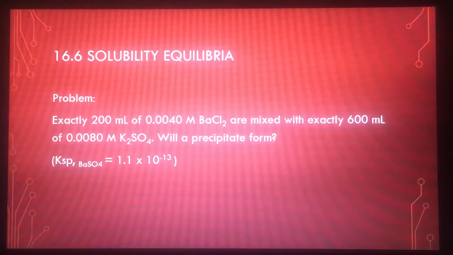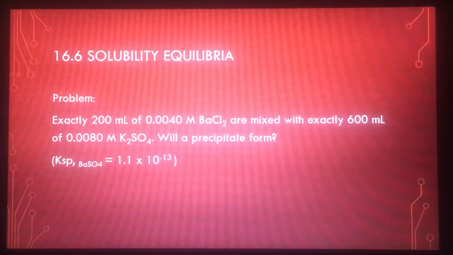By using the molar mass of the solute, or the molar mass of the solid. And then vice versa if you need to convert the solubility to molar solubility. Okay, so that was it for 16.6.